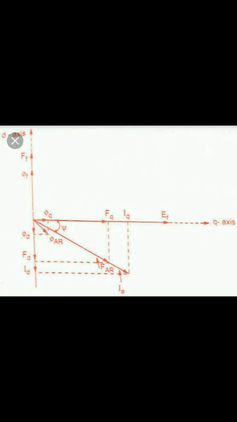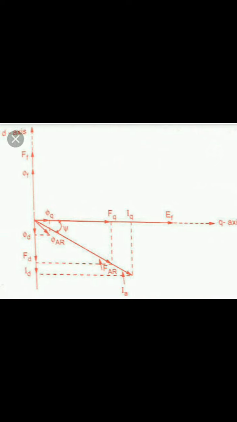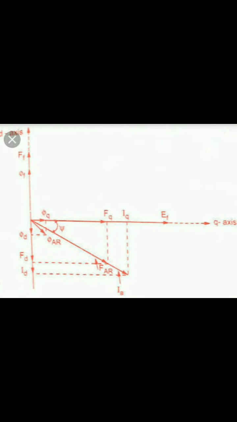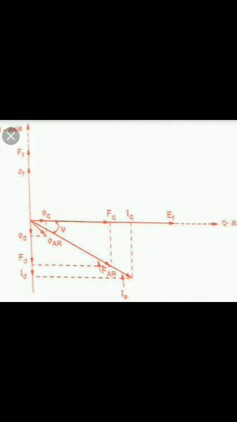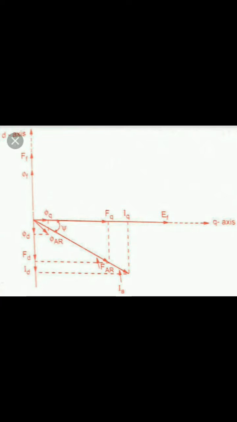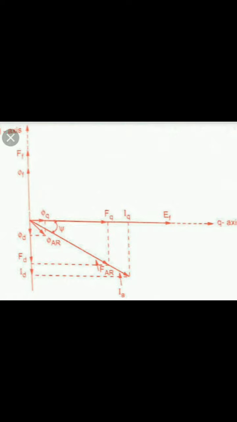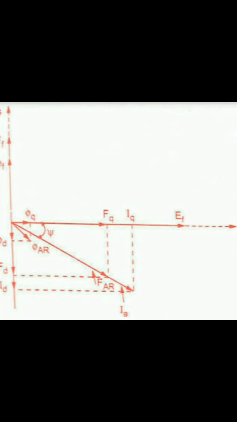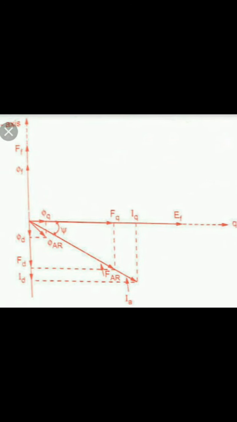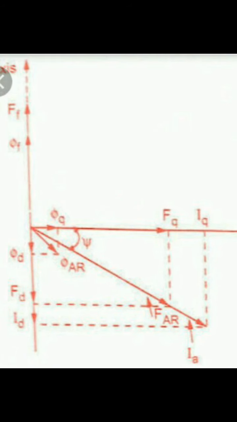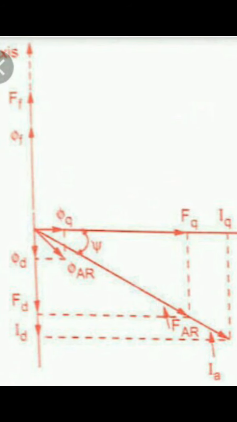For understanding the two reaction theory, there is a phasor diagram. We have the excitation voltage EF, and the armature current IA. We have the magnetizing and demagnetizing components. As shown in the figure, the direct axis component is the demagnetizing component.